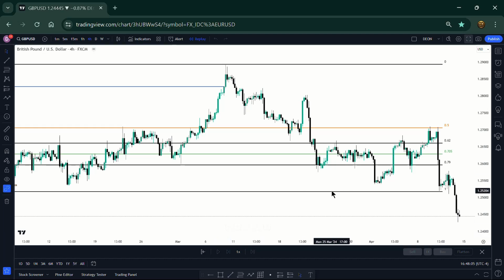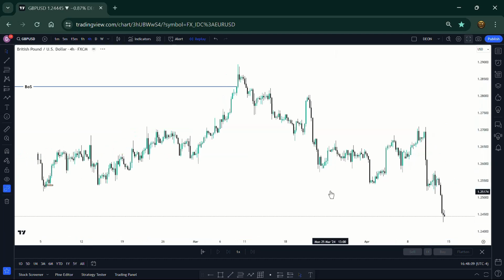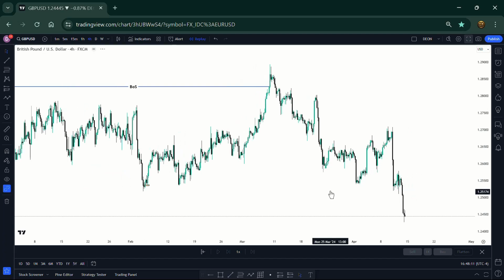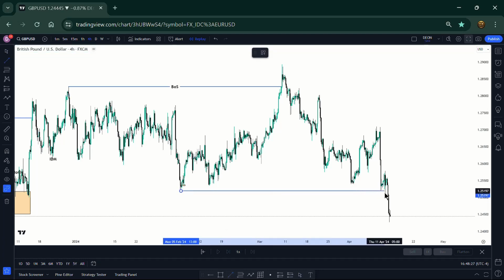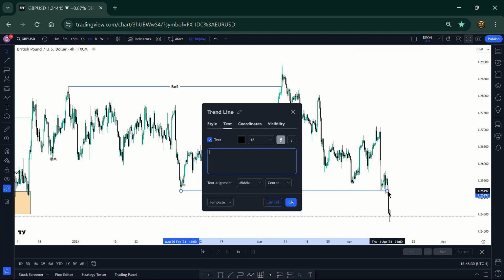Oh, all right. This is actually the current. Okay, so the current market has already changed character. Okay. There was really nothing there. So this is the change of character.